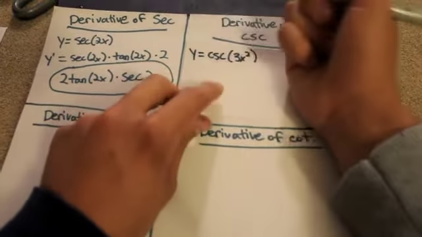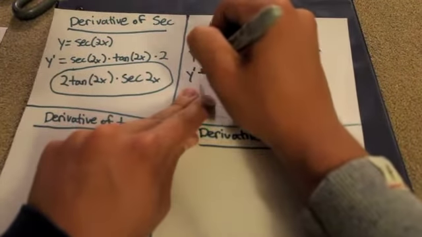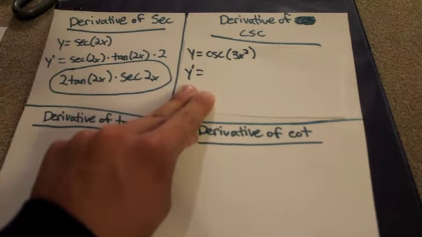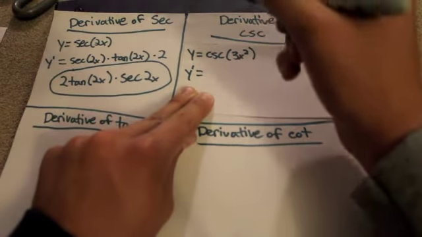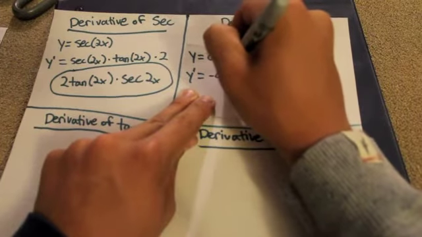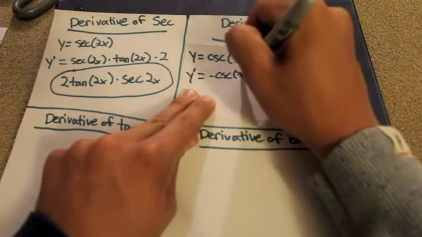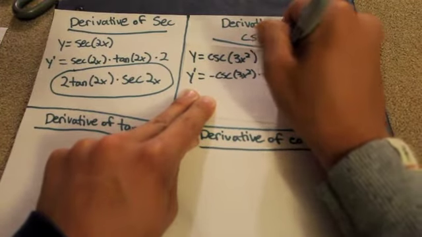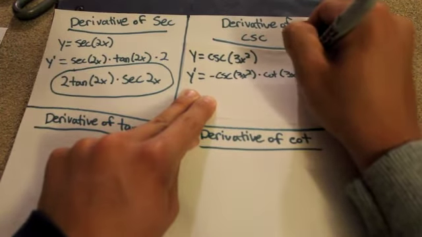To find the derivative, we need to know that the derivative of cosecant equals negative cosecant times cotangent. Written out, it would be negative cosecant 3x squared times cotangent 3x squared.